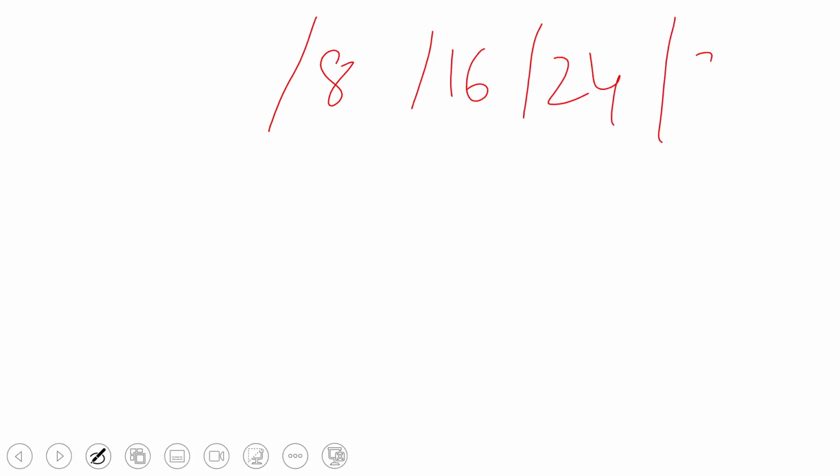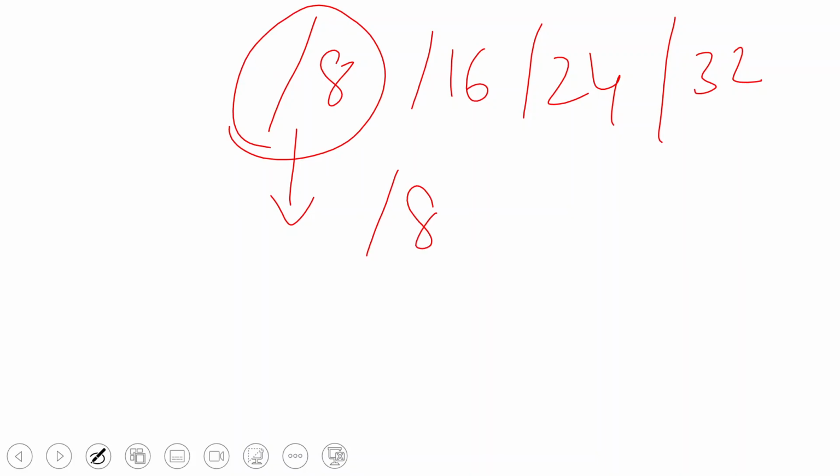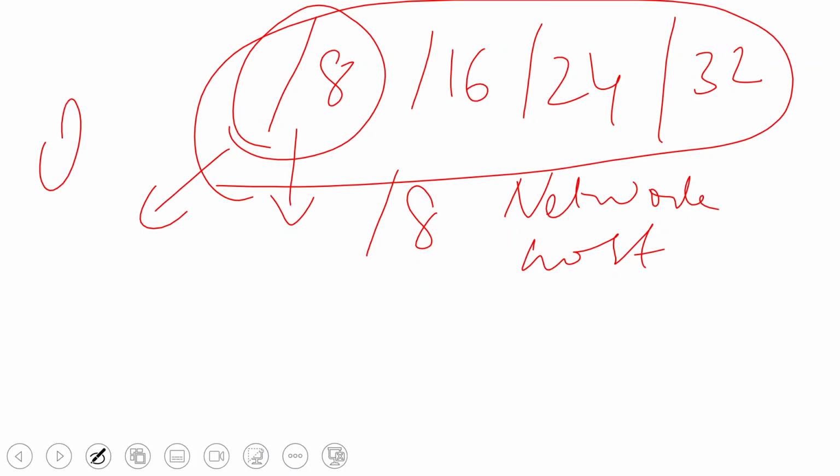Usually, for example, if you have a slash 8, or slash 16, or slash 24, or slash 32, and a company gets this whole IP address block, then before I talk about what slash 8 means, I'll just explain what a network bit and a host bit are. If it is a slash 8 notation, this is classful addressing.